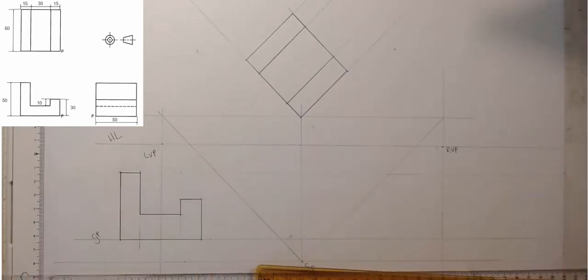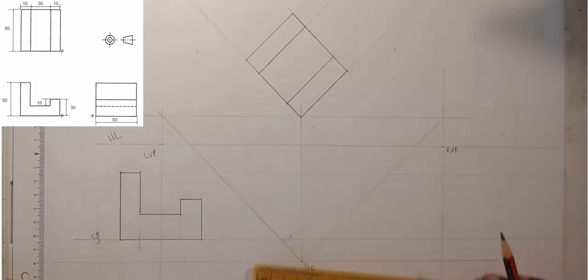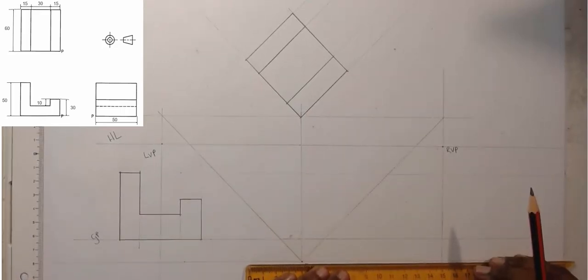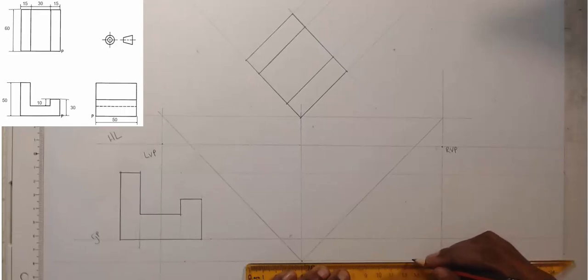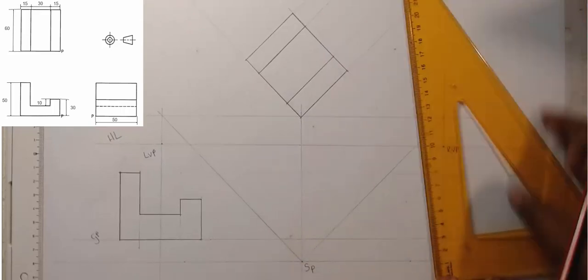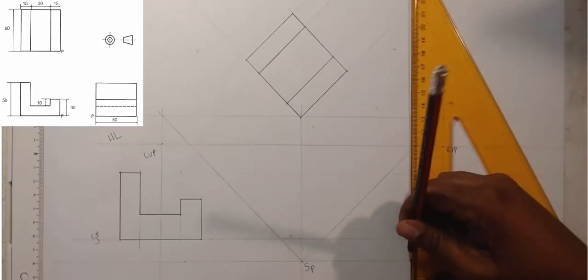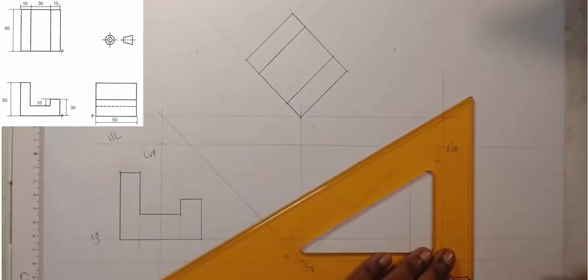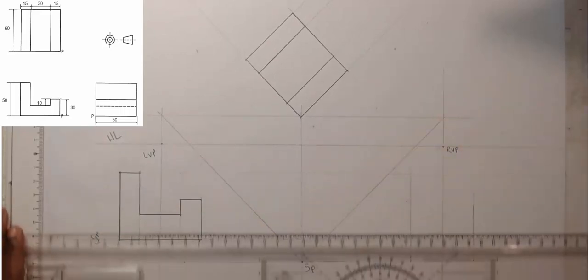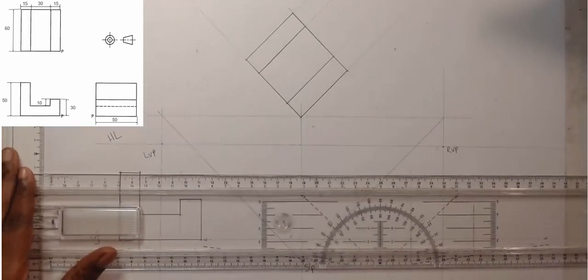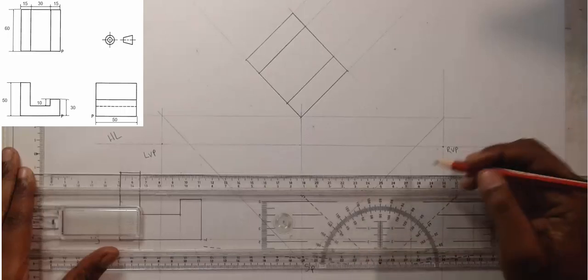So from the center right here, I'm going to get 25, 25. Okay, I'm getting 25. Okay, so I'm just using the construction lines from the front view.